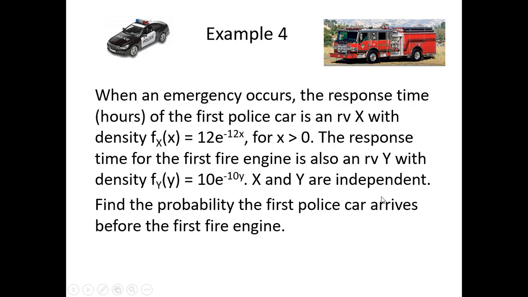Let's assume x and y are independent. We want to find the probability the first police car arrives before the first fire engine. So in essence, we want to find the probability that x is less than y.